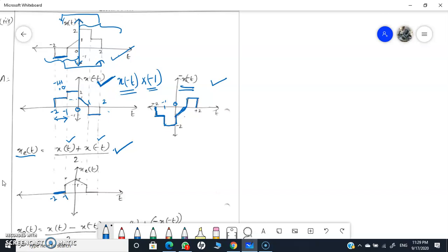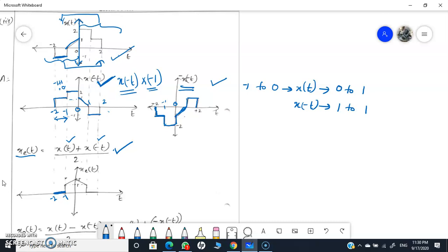Okay. Now take the next interval minus 1 to 0. In minus 1 to 0, x of t is varying from 0 to 1.